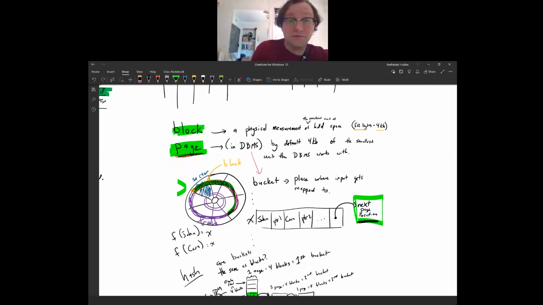So here, this page that I've highlighted in green is taking up 1, 2, 3, 4 blocks. Should be 8 blocks. Easy enough fix.